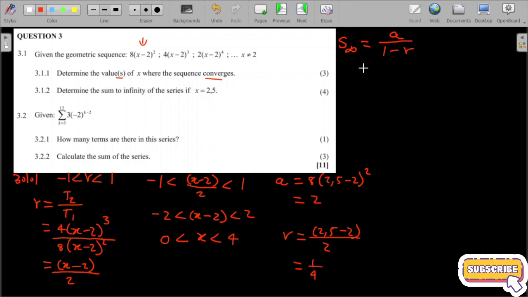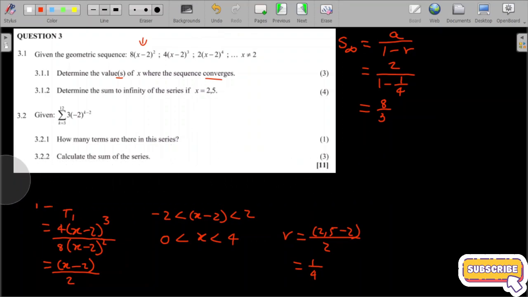Now let's come back and substitute: the sum to infinity is 2 over 1 minus 1 over 4, which gives 8 over 3. So I'm done with this first part. Let me clear this space. I hope you got everything that was here.